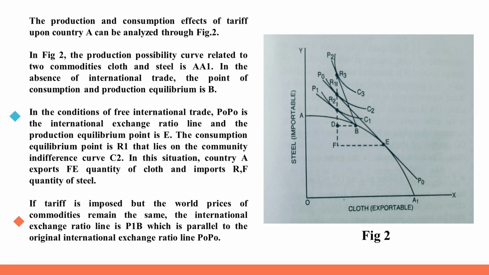In this situation, country A exports Fe quantity of cloth and imports Rf quantity of steel. If tariff is imposed but the world prices of commodities remain the same, the international exchange ratio line is P1B, which is parallel to the original international exchange ratio line P0P0.